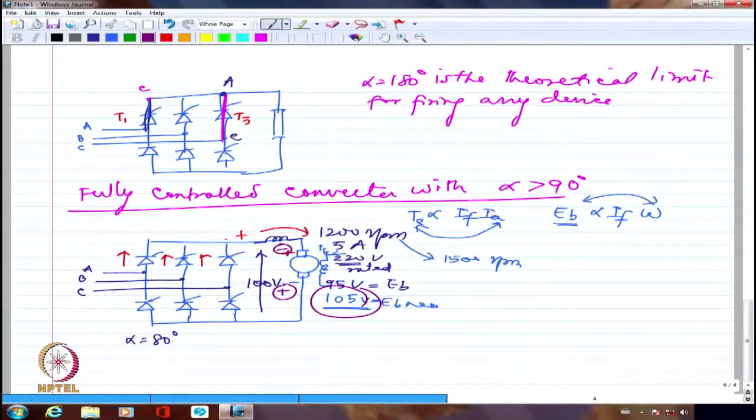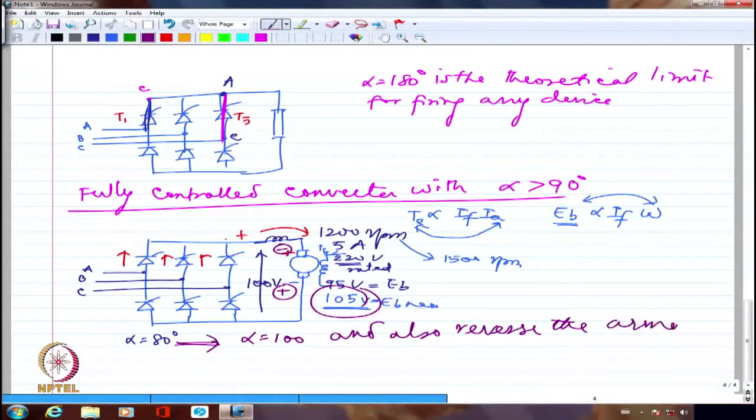Cos 80 will be equal in magnitude to cos 100. Both of them should be equal to each other. So all I need to do is make this alpha shift from 80 to 100 and also reverse the armature EB.